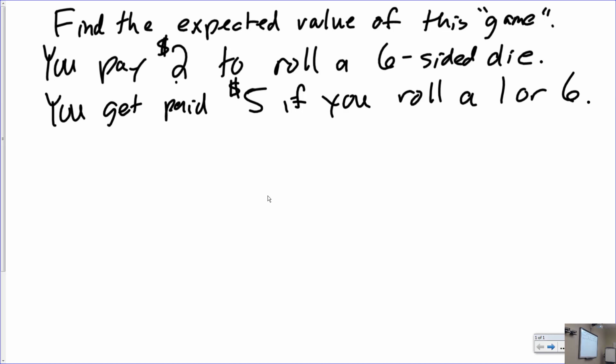I guess the first question is, does this question make sense? Yeah? Well, just find the expected value. So what's 1/3? 1/3 of what? $1? 1/3 of a dollar? I haven't done it yet.